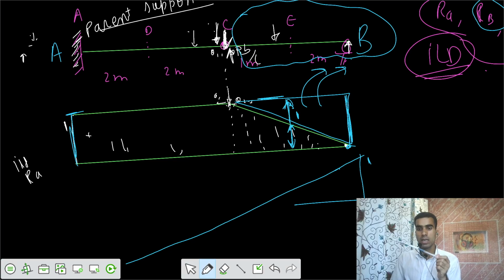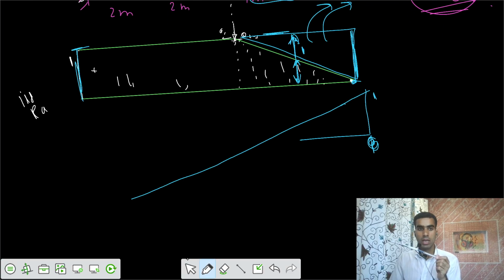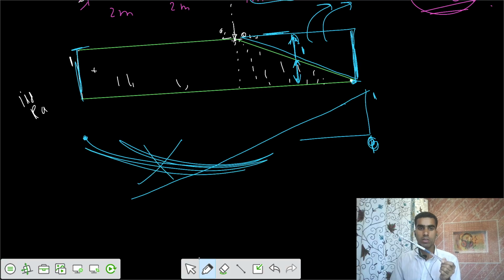If support A has remained at its original location, it can't bend, because we don't have any other intermediate critical section. That means there should be some variation of that curved nature. It's not possible. That means the ILD should cut the section at the hinge location itself.